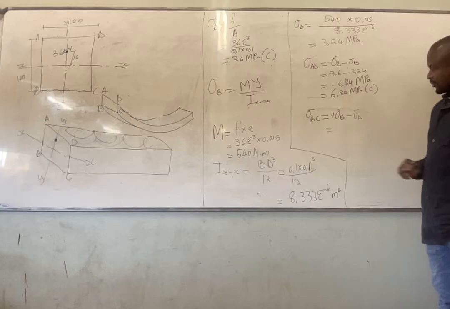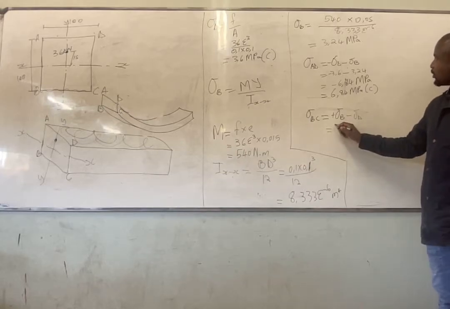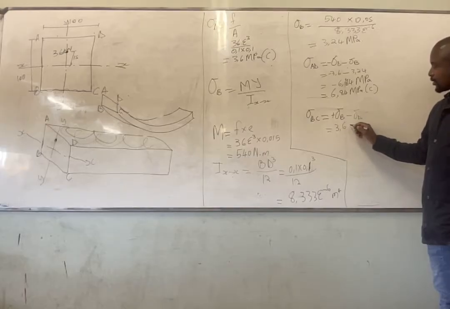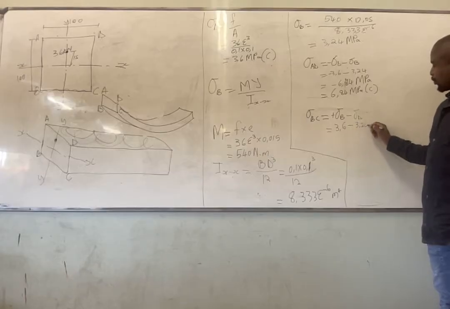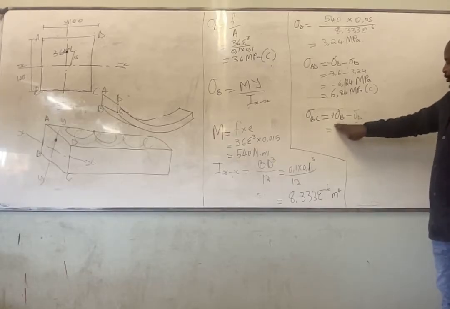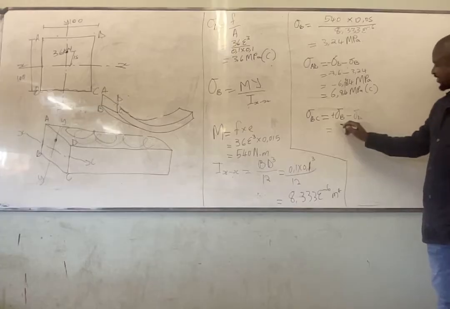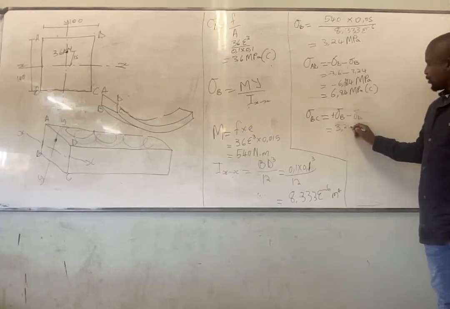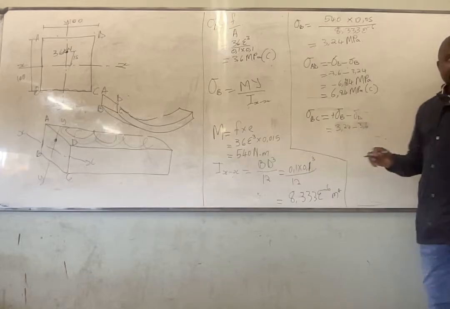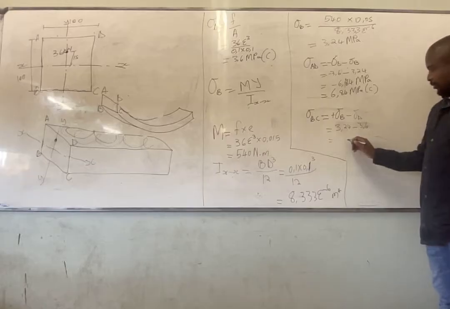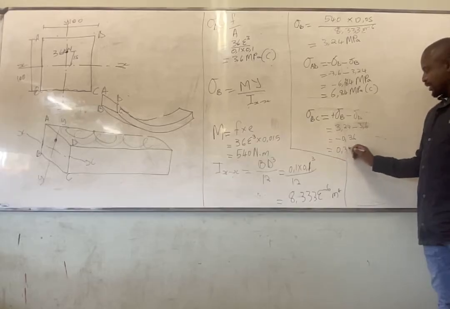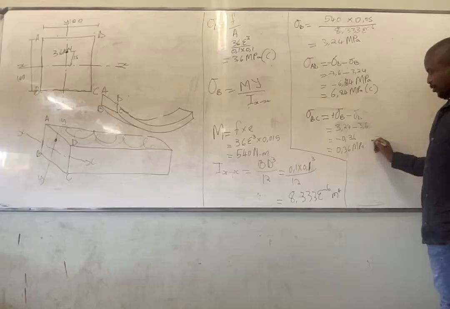So we have 3,24 minus 3,6. And what we have? Negative 0,36. Meaning all in all we have 0,36 megapascal compressive.